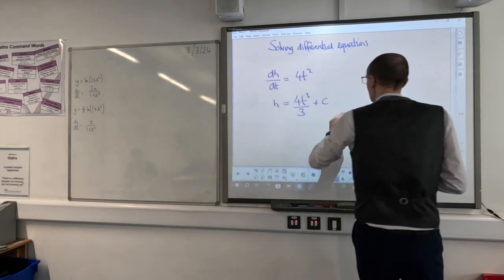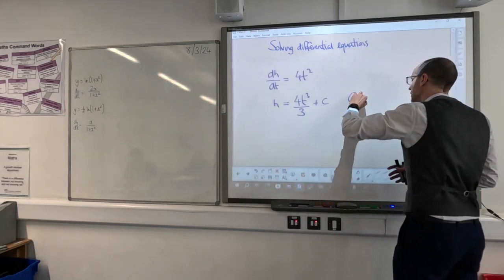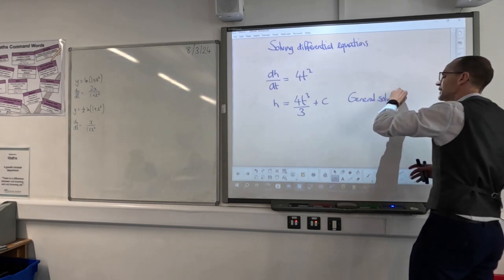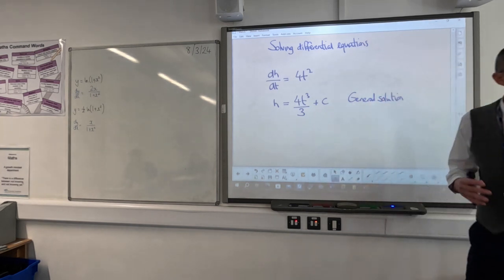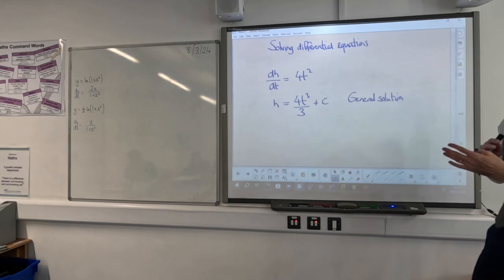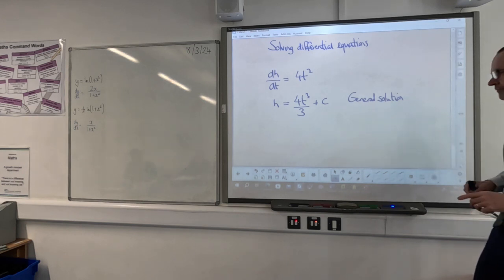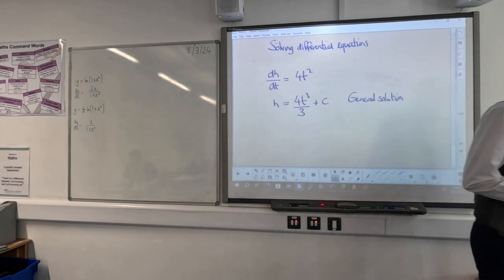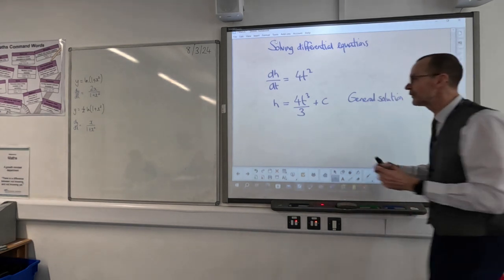This is referred to as a general solution because the presence of this constant means we haven't got a formula linking h and t. And of course that's going to persist until we're given a pair of values.